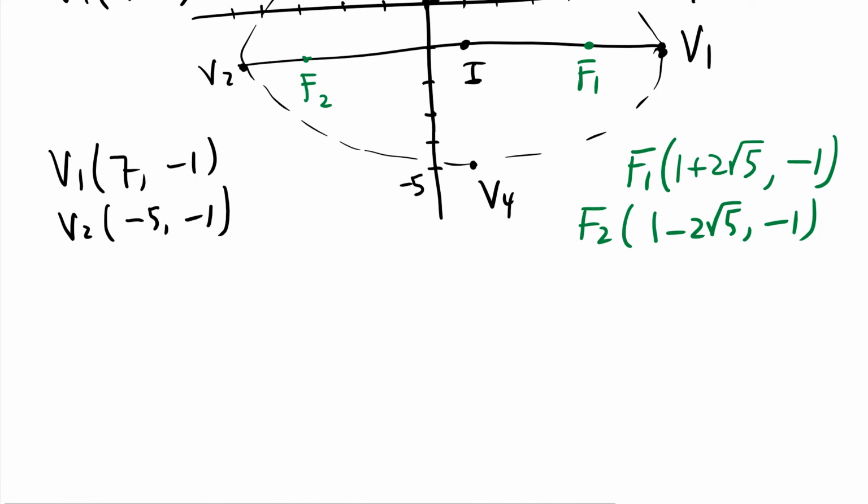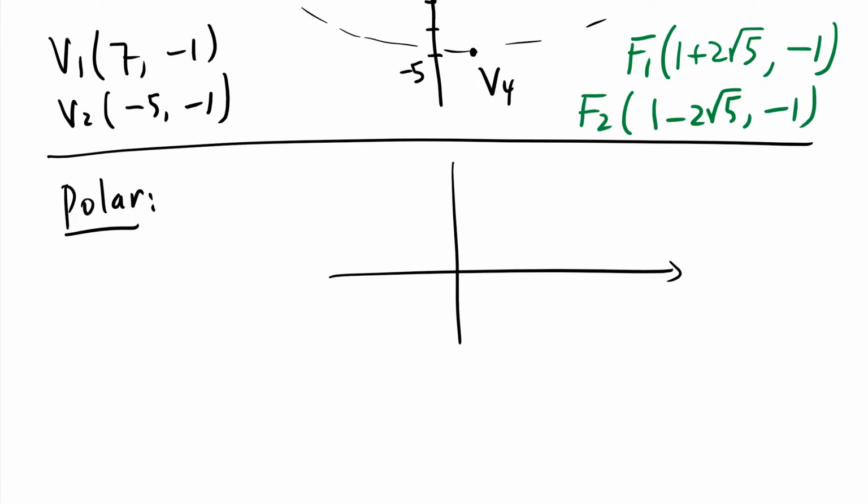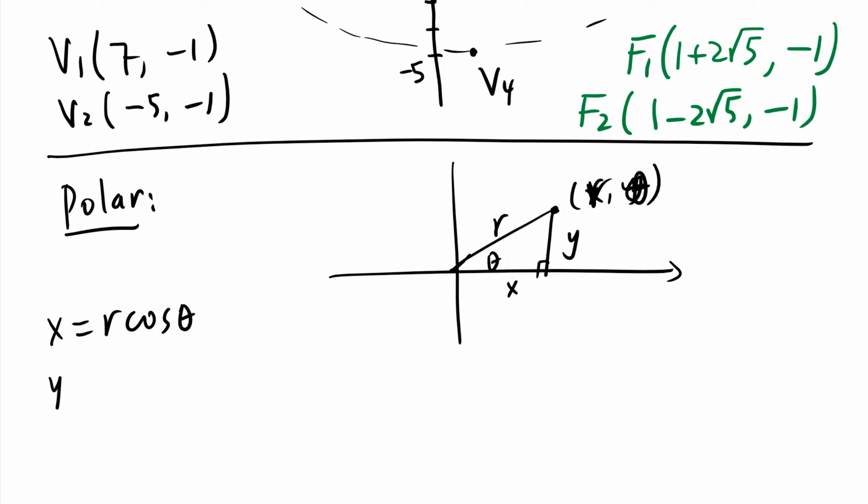Now we can review polar. If you remember, if you have a point here, (x, y), which is also equal to (r, theta), we know that x is always r cosine theta, and y equals r sine theta.